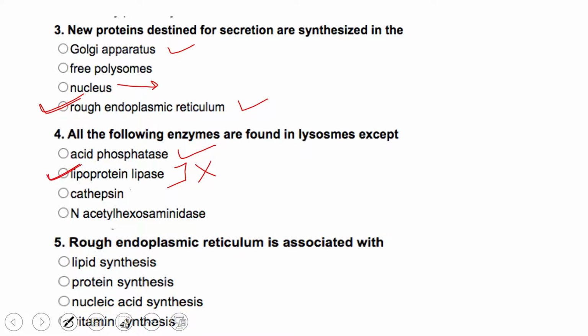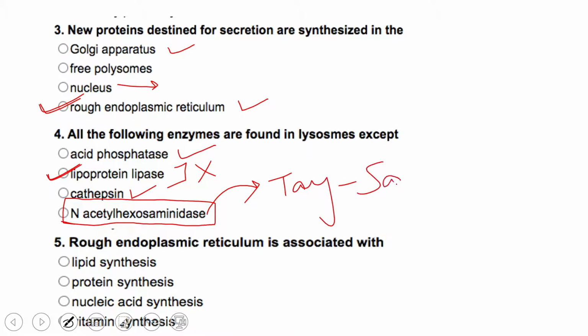Cathepsin is another enzyme which is present in lysosomes, and N-acetyl hexosaminidase A is a very important enzyme of the lysosome. Can you tell me why? We have studied this. In the absence of N-acetyl hexosaminidase, people suffer from Tay-Sachs disease. What is this Tay-Sachs disease?